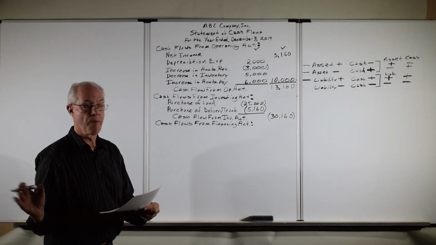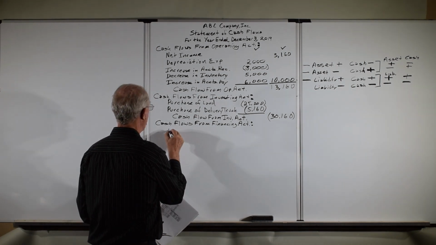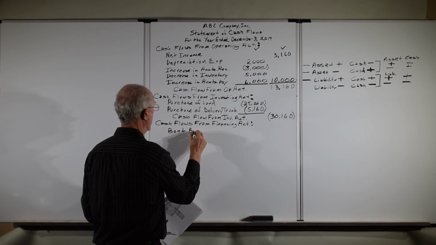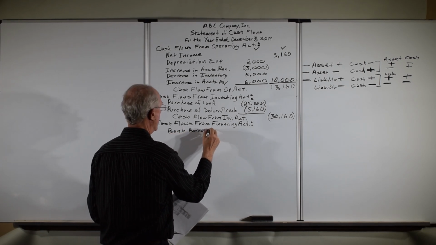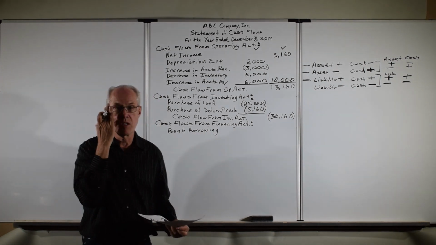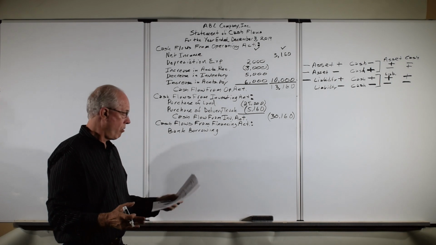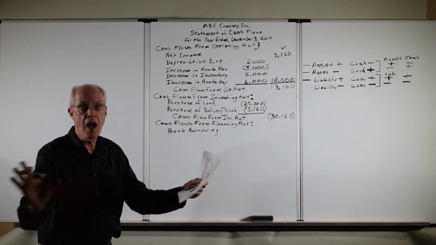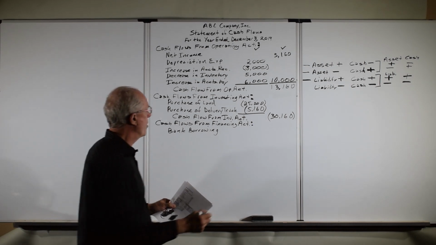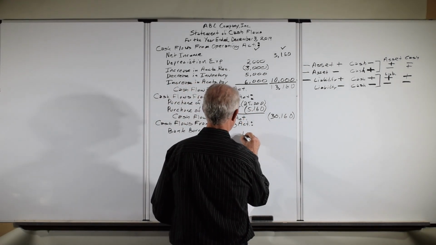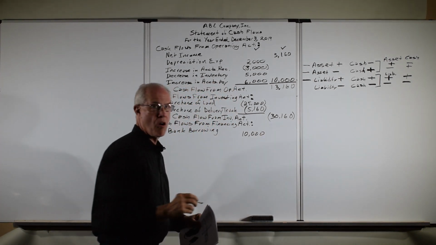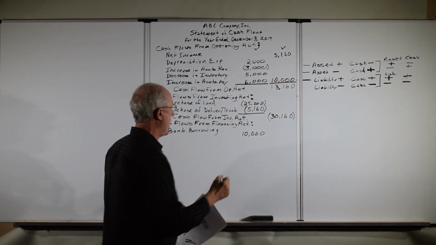We've got the borrowing from the bank, so I'm going to say bank borrowing. If you were working ahead, doing this on your own, you might have said borrowing from ABC Bank. That's fine too, either way. And let's see, we borrowed $10,000. And when we borrow money, of course we get money, so that's a cash inflow.